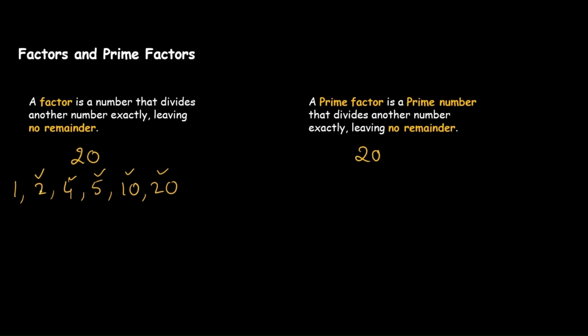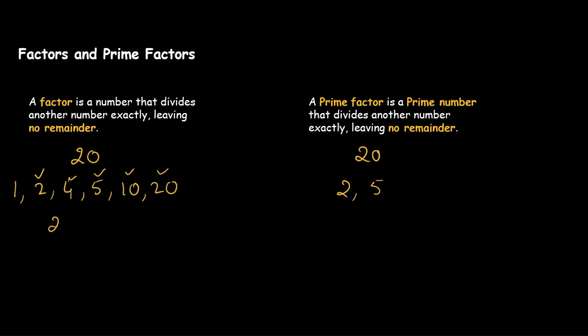When it comes to 20, only 2 and 5 are the prime factors of 20, whereas we can get back 20 here in many different ways using a combination of prime numbers as well as composite numbers.